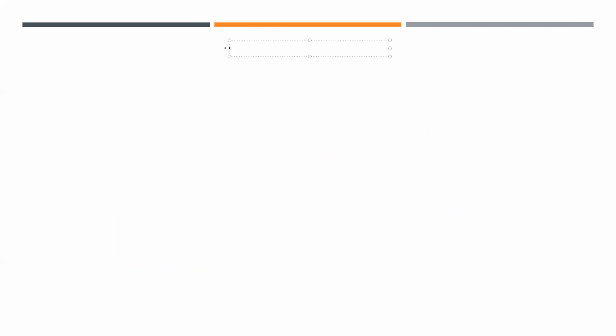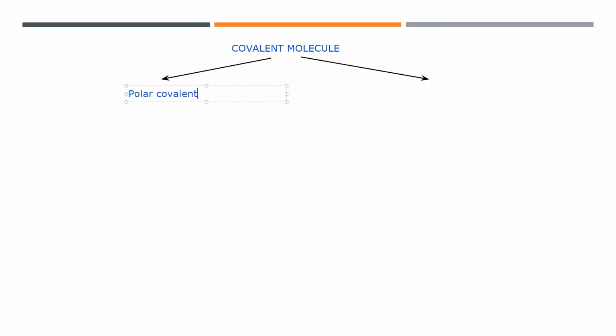So a covalent molecule can be a polar covalent molecule. What is the meaning of polar covalent molecule?